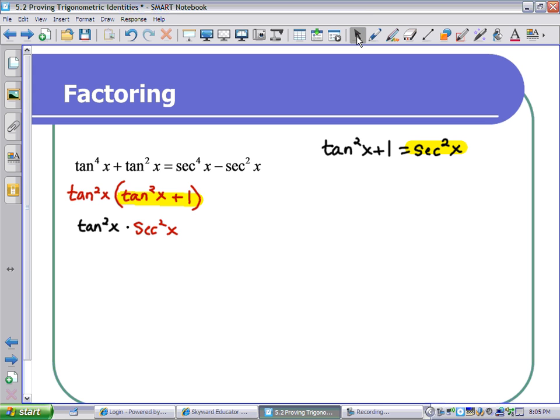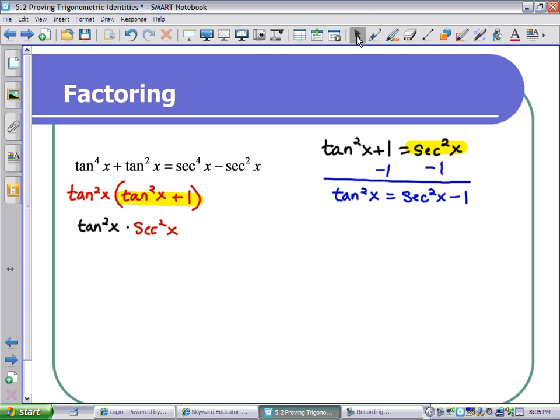Now I need to get tangent squared x out of the equation so that I'm left in just secants. So if you go back to your Pythagorean identity, and I subtract 1 from both sides of the identity, I get tangent squared x is equal to secant squared x minus 1.